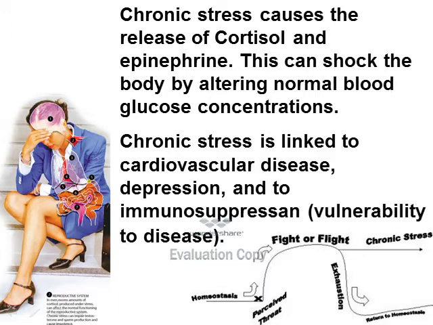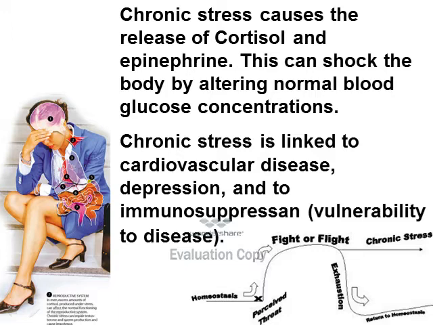Chronic stress. That's a problem many people struggle with. What's happening is cortisol and epinephrine are being pumped in the bloodstream, and it can shock the body, because instead of having a stable glucose blood concentration, we have pulses of it, and so it's high, it's low.